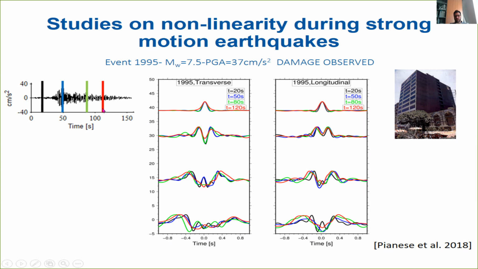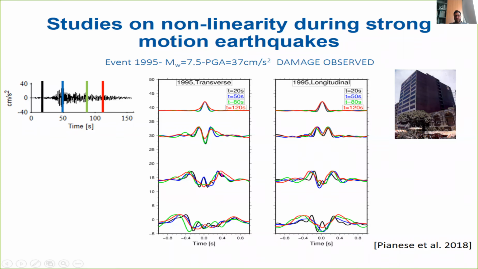What we observe in this building, one of the buildings that we analyzed together with Giovanna Pianese and Roberto Paolucci from Milan, is that not immediately, but especially after some time, probably also due to the duration of shaking, the building that was damaged by the 1995 event starts to show clearly a change in the Green function.